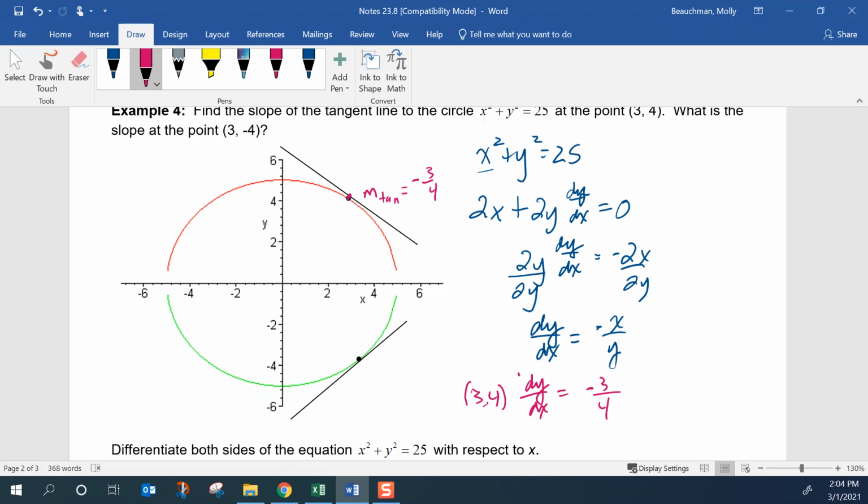At the coordinate 3, negative 4, dy/dx would equal negative 3 over negative 4, which ends up being a positive 3/4. So the slope of the tangent line here is positive 3/4.